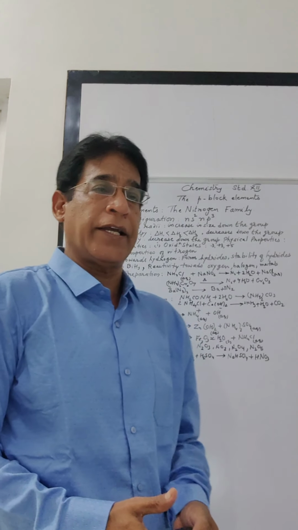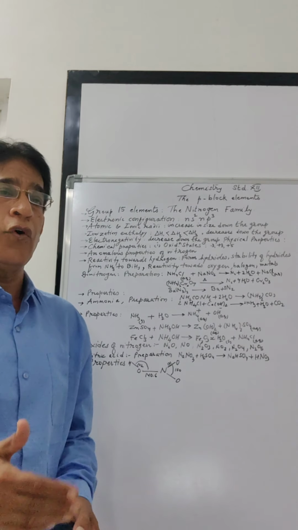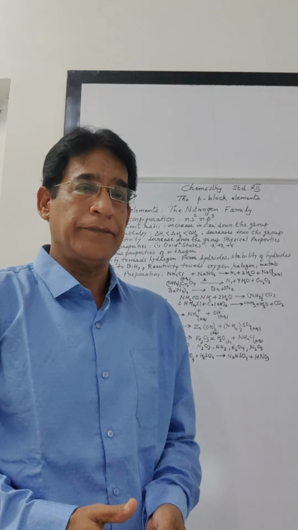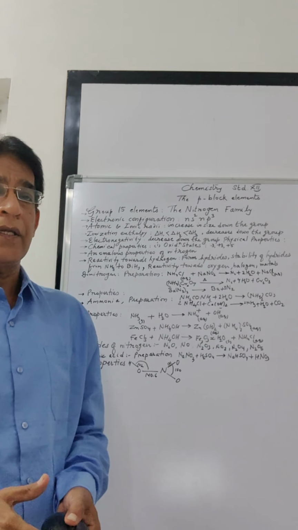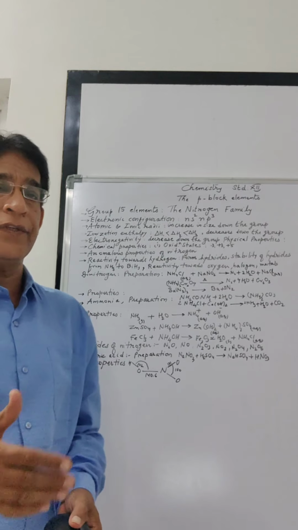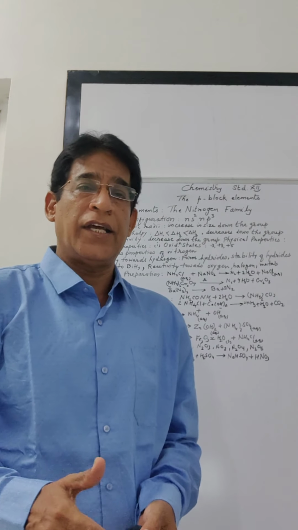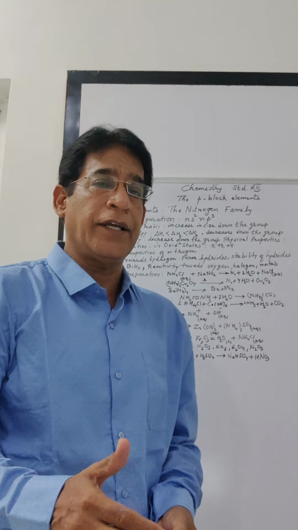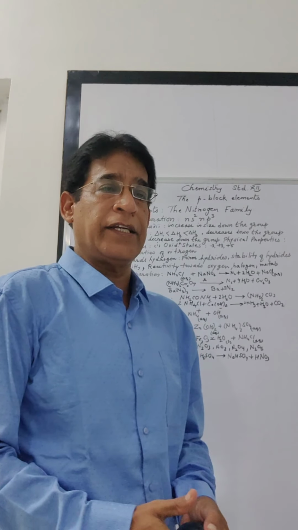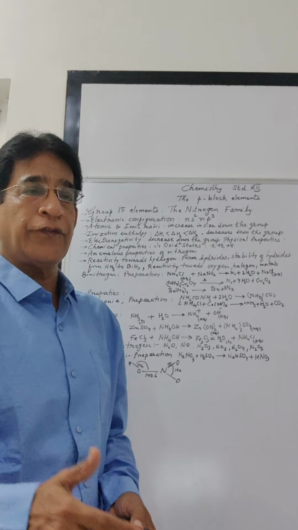Atomic and ionic radii. Covalent and ionic radii increase in size down the group. There is a considerable increase in covalent radius from nitrogen to phosphorus.